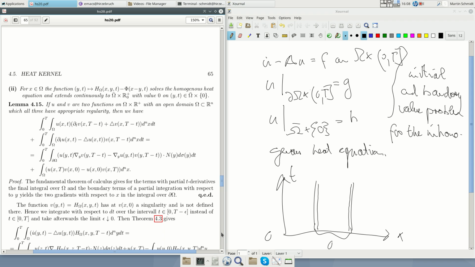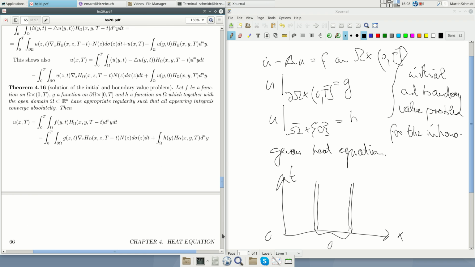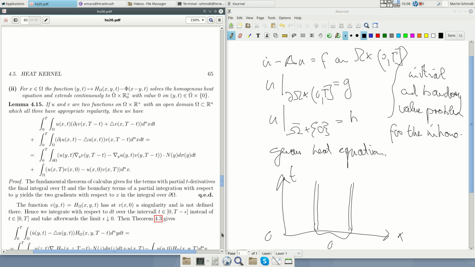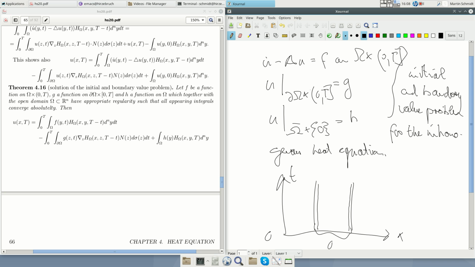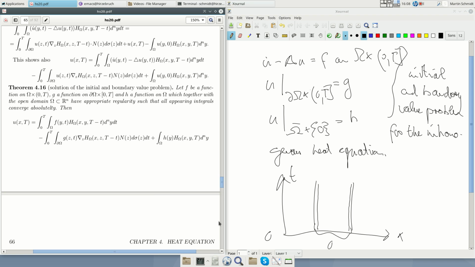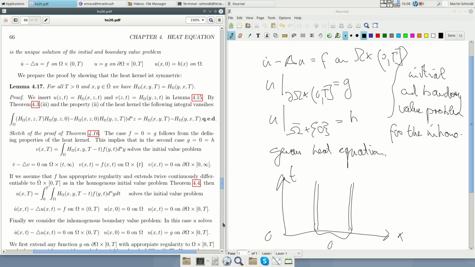For the consequences we used again more or less Green's second formula, and then we obtained this formula, and this suggests this solution of our initial and boundary value problem. And then we proved this, or at least we gave a sketch of the proof, but first we showed the symmetry of the heat kernel, and then we proved the theorem.